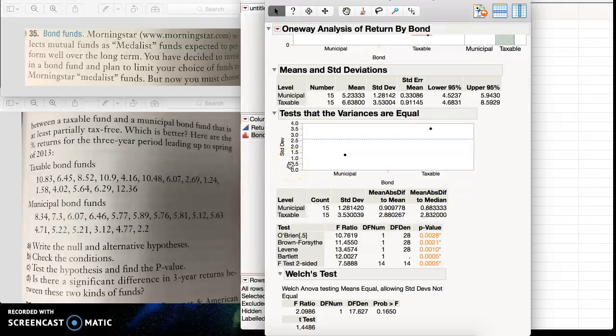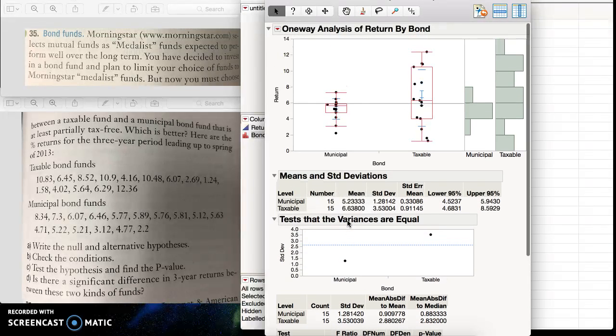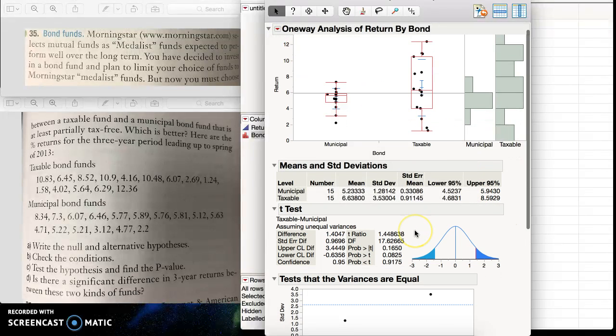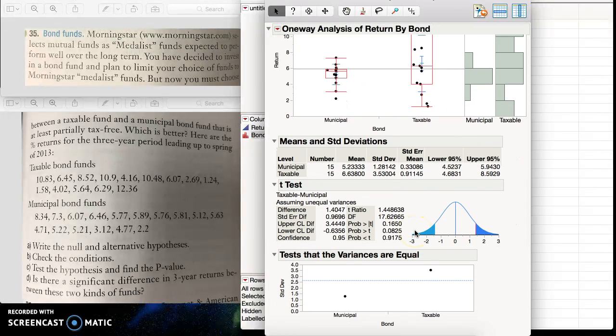And then we're going to look at the Levene p-value, which is 0.0010, which means we're going to reject our null hypothesis, which decides that we have unequal variances. So thus we have to go to the hotspot here and select the t-test to do our proper hypothesis test.